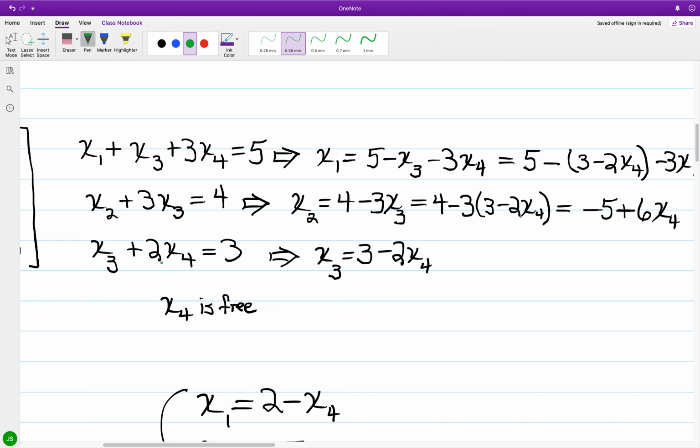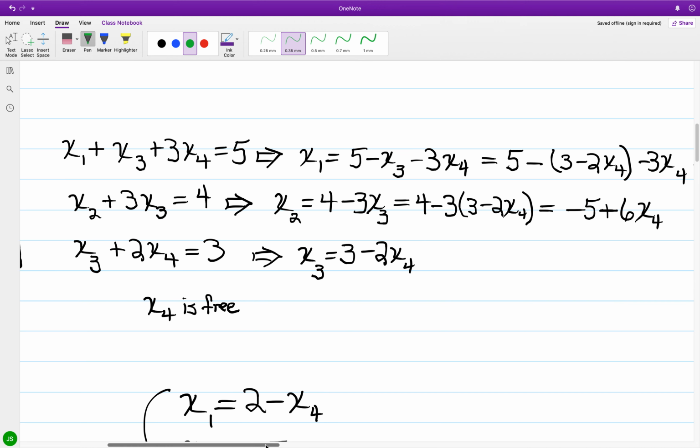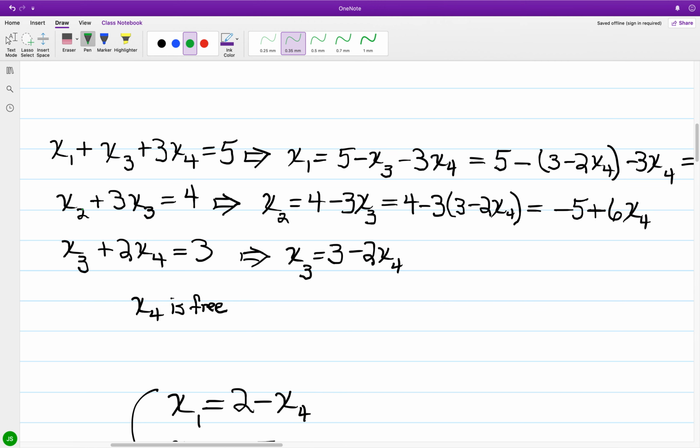Now x of 3 is equal to 3 minus 2 times x of 4, and x of 4 is free, and it can have an infinite number of values. Now, putting x of 2 in terms of the free variable x of 4: from x of 2 plus 3 times x of 3 equal to 4, I have x of 2 equal to 4 minus 3 times x of 3.